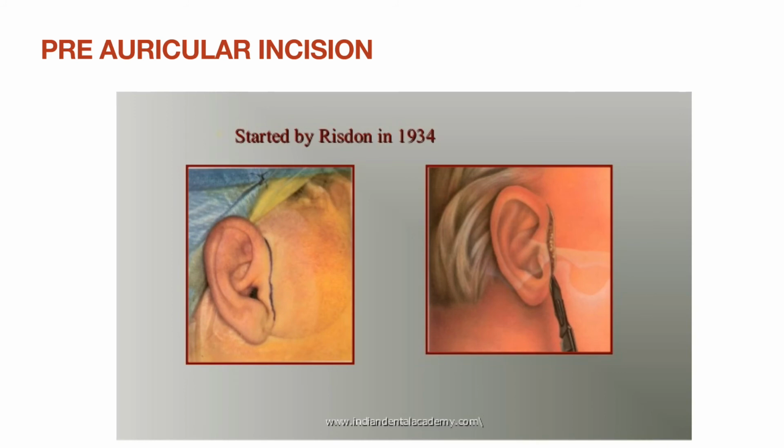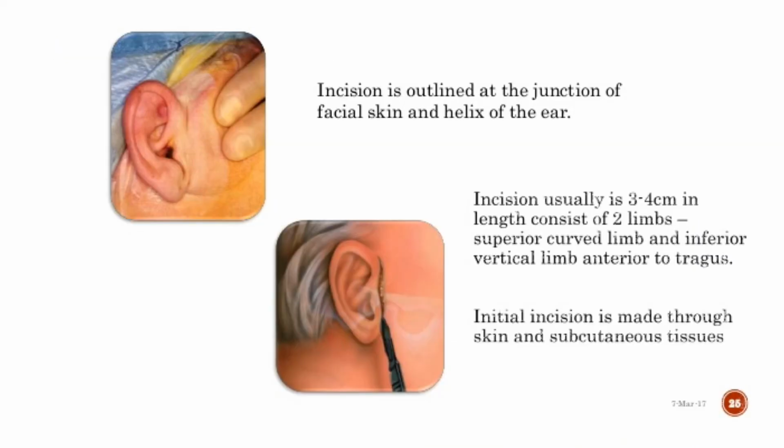First is the preauricular incision. This incision was given by Risdon in 1934. The preauricular incision is made along the natural crease anterior to the tragus. Let's see the details of the incision. The incision is outlined at the junction of facial skin and helix of the ear.